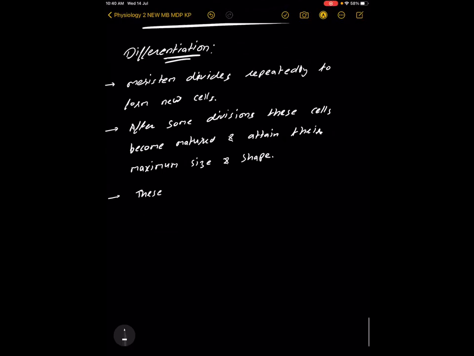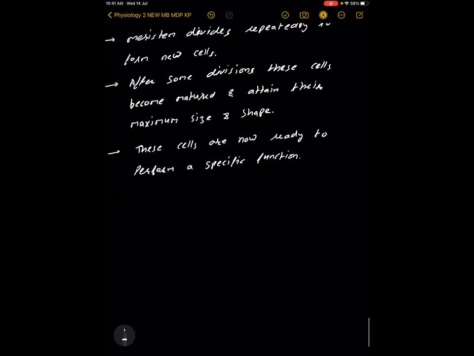These cells are now ready to perform a specific function.